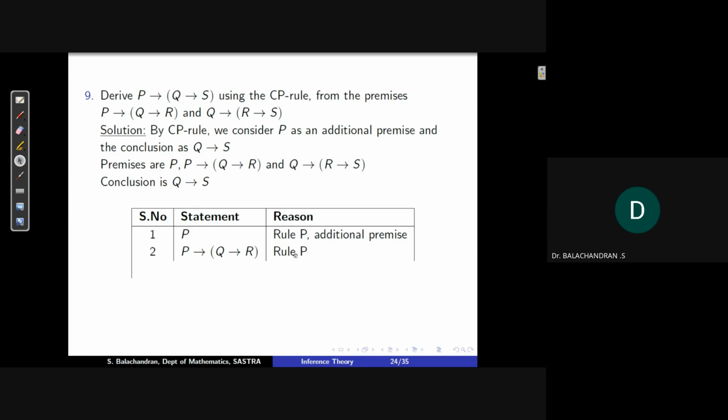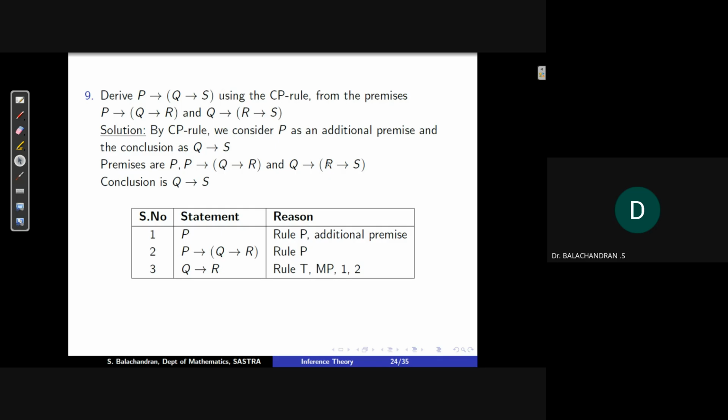Now P comma P implies Q gives Q. Yes, last class we discussed this. So here I am applying the formula, that's why it is rule T, and I am using 1 and 2. MP means modus ponens, but don't write MP or modus ponens; it is better to write the exact rule, that means P comma P implies Q implies Q.